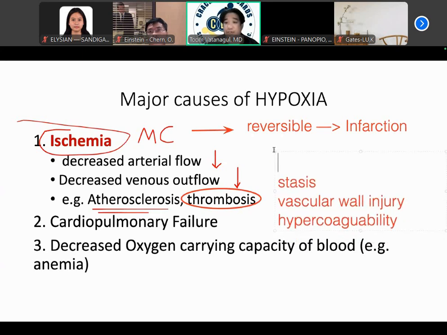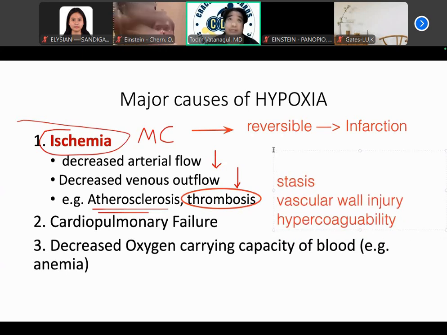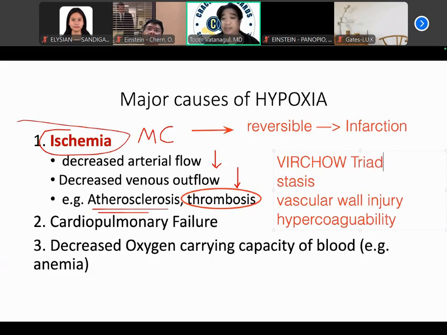What is this famous triad, which is characterized by stasis, vascular injury, and hypercoagulability? Okay, great. This is known as Virchow's triad. This is Virchow's triad that is associated with thrombosis.